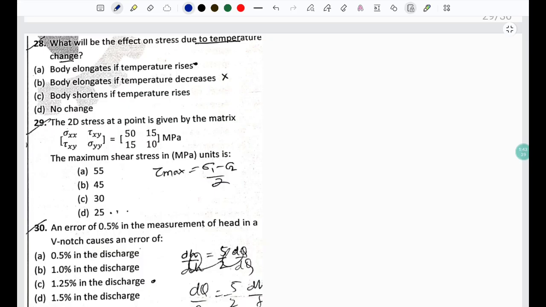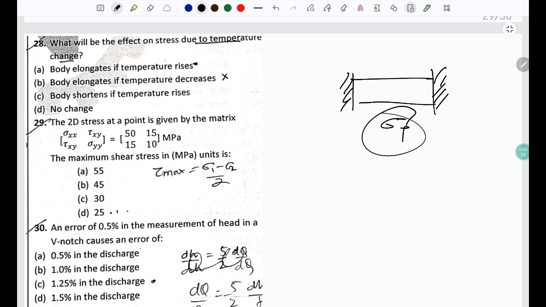Here comes another question which asks, what will be the effect of stress due to temperature change, whether the body will elongate or shorten. Now there is one ambiguity in this question, because often in these questions it is important to mention whether the body is restrained or not, because if it is free to expand or shorten, no thermal stress generates. But if it is restrained, the opposite happens.